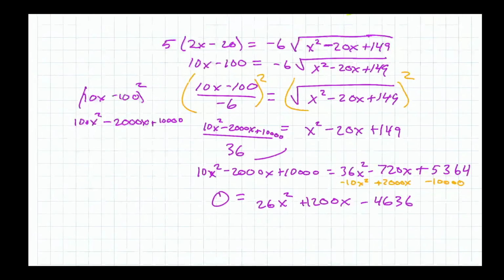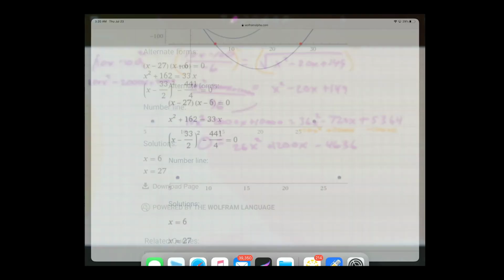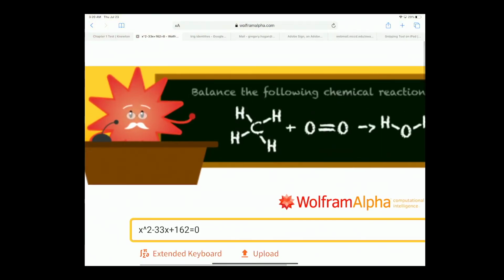Okay. At this point, I'm just going to write these numbers down. 26, 1200, negative 4636. I'm just going to go to Wolfram and make Wolfram solve it to find out if we're right.